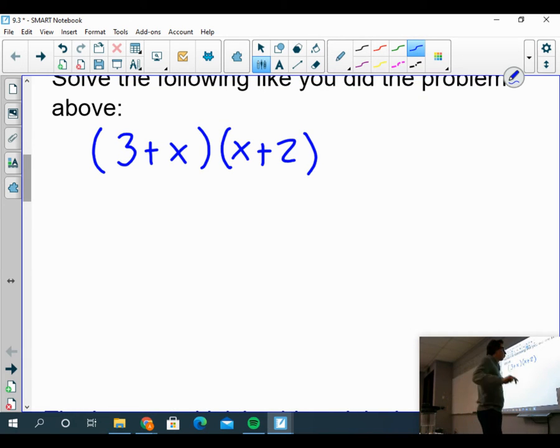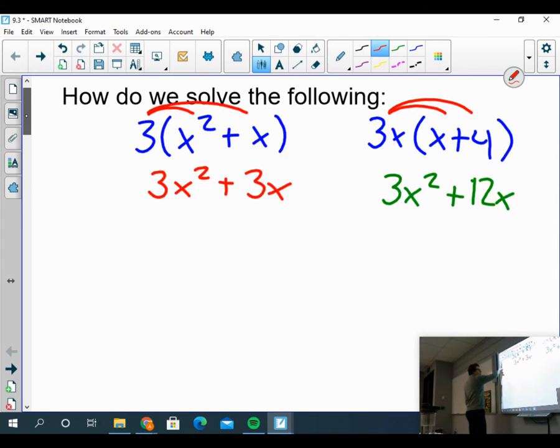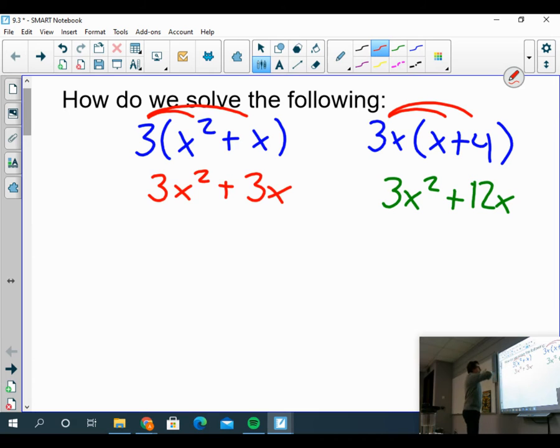Okay, at this point, hopefully you've paused it, you've given it your best effort, and now let's talk it through. Well, first of all, let's recognize the difference between this problem and the problems above. Here we have a monomial, being a single term, multiplied by binomials.